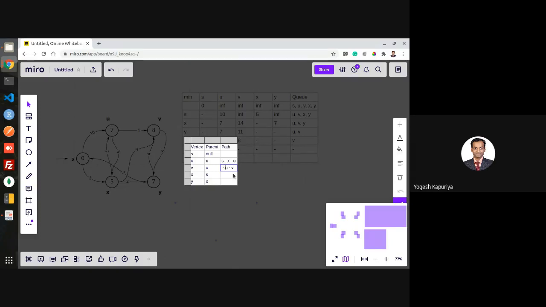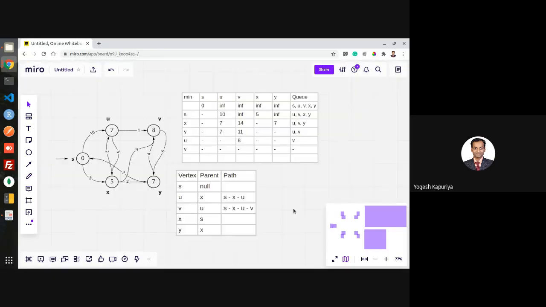Parent of U is X. What is the parent of X? Parent of X is S, which is your source vertex. So the path between S to V is something like this.